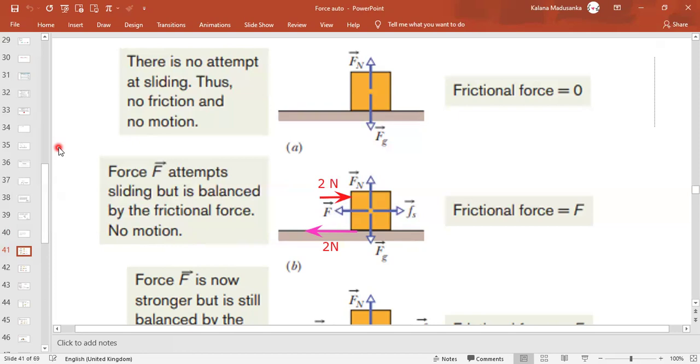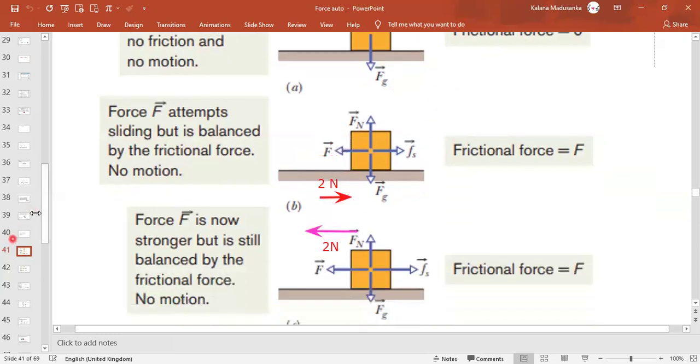What is the reason? Even though you apply 2 newtons to that large table, the friction is also increased up to 2 newtons with the 4 legs of that table in the opposite direction, and there is no motion. Okay, this is the second case. The object is still there. So in these two cases, the object is still not in motion.